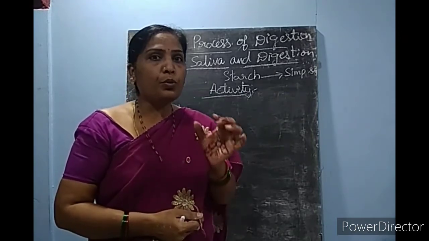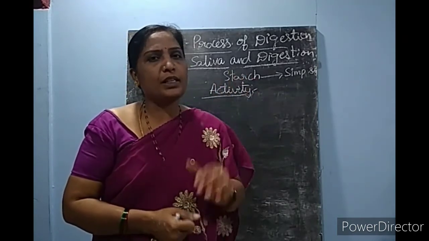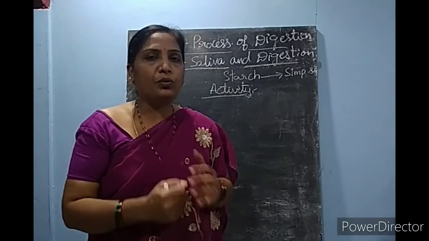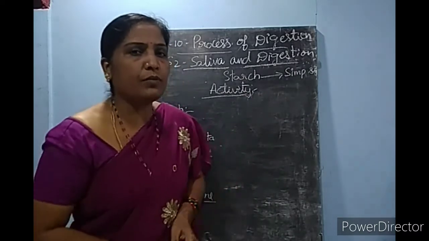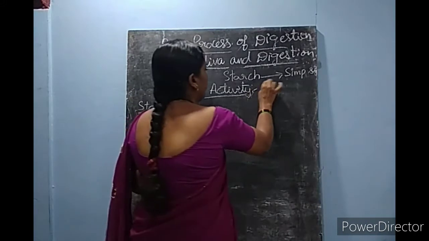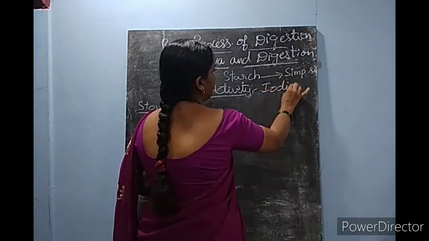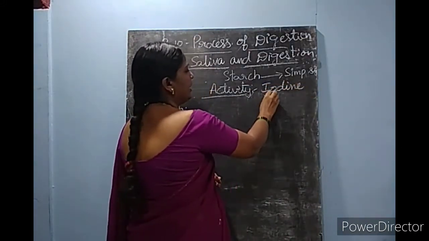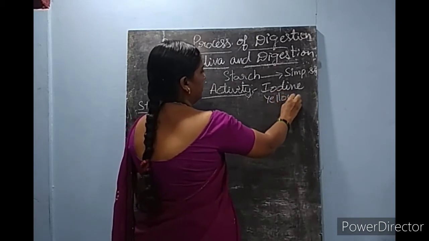To find out whether any food item has starch or not, we'll use one chemical called iodine. This iodine is yellow in color.